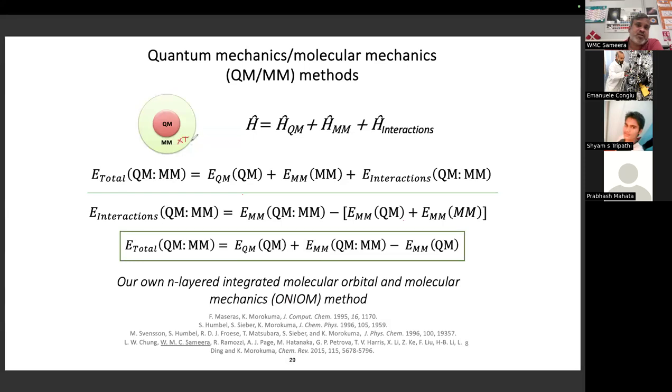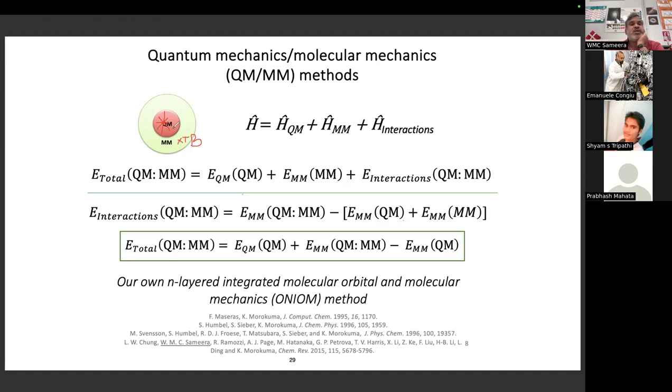XTB is not really molecular mechanics, but it is more like tight binding DFT, or more semi-empirical like. But anyway, the idea is the same, where we describe the important part of the molecular system using quantum mechanical methods. For example, your reaction site or binding site or excitation you calculate in the QM part. The other part you describe using molecular mechanics.